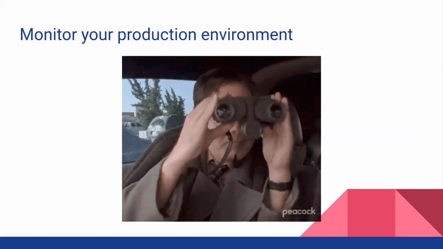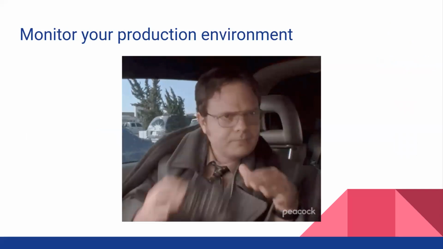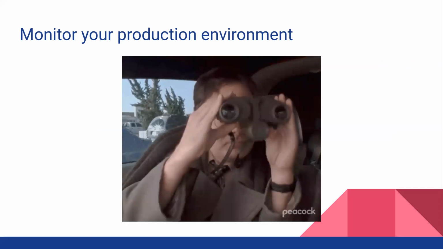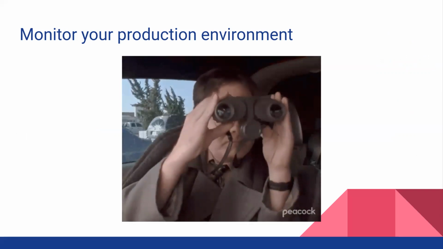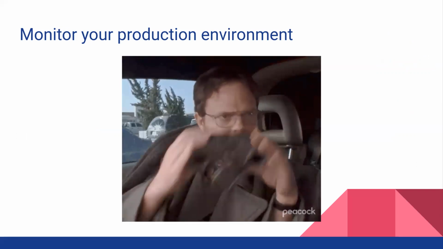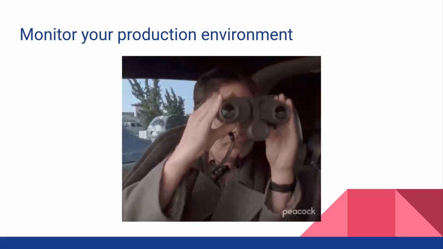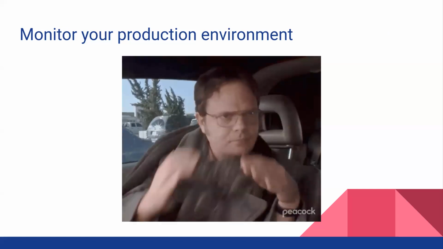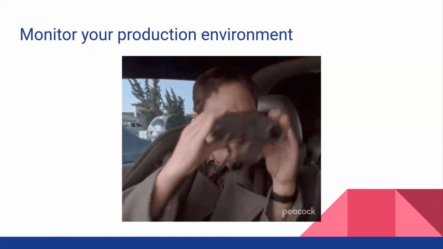So okay, now we have everything. We have a CI/CD, our application is ready, and we pushed it to production. Something we need to keep in mind as well is that we need to monitor our production environment. We need to know what's happening on the servers. We need to know that everything is running okay, or if there are any bugs or logs, something we need to be able to consult.